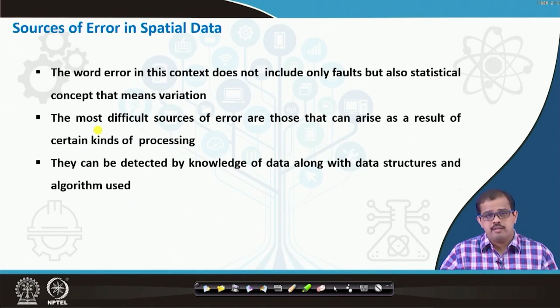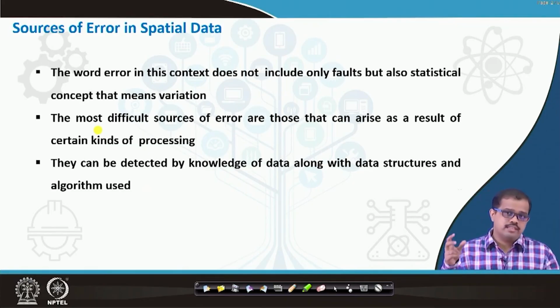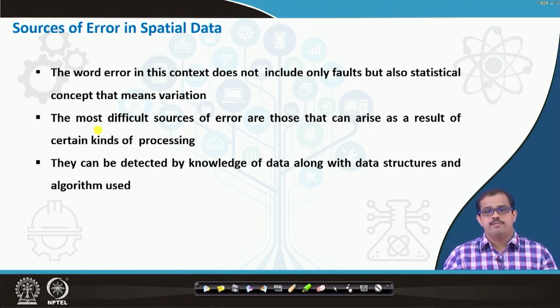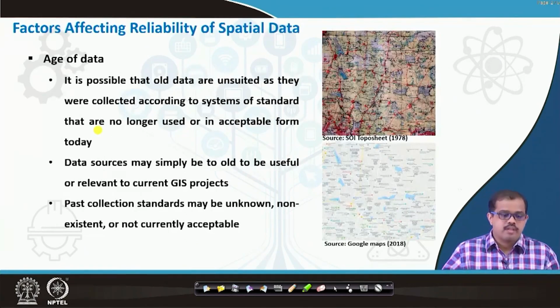So they can be detected by the knowledge of data along with the data structures and algorithms that are used. So if you understand all of these, the algorithms, the data structures and the data that have been used, then these errors can be easily removed from your database.